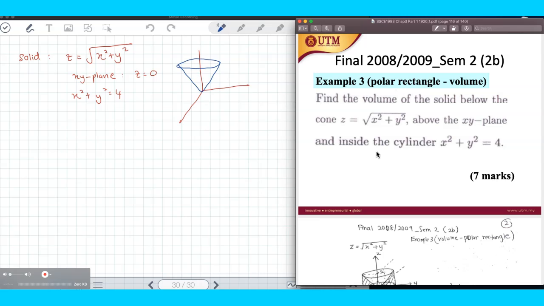And we have a cylinder parallel to z, and the cylinder is coming from the circle with radius 2. And then the xy plane, z equal to 0.